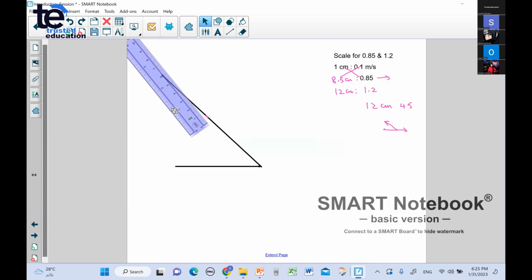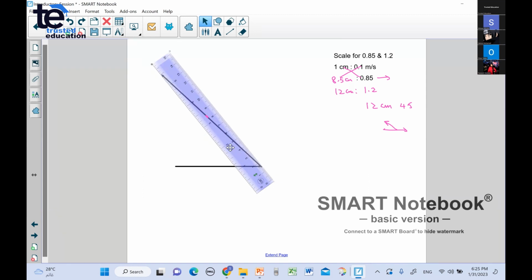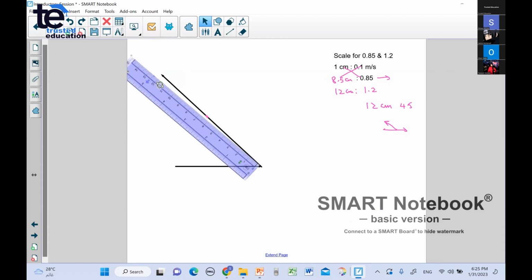Of course, we place it at the beginning here, the 0 with the 0. Now I will start measuring 12 centimeters. This is the 12. So this is the end of my vector.